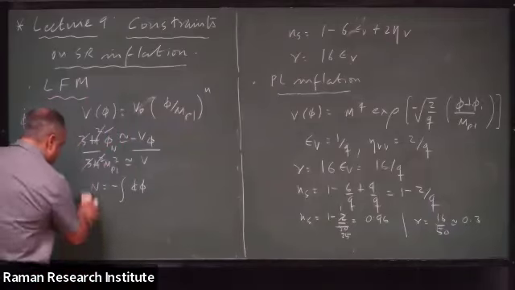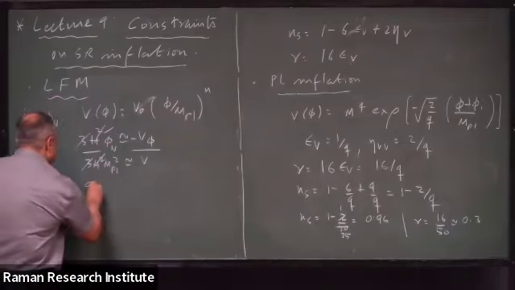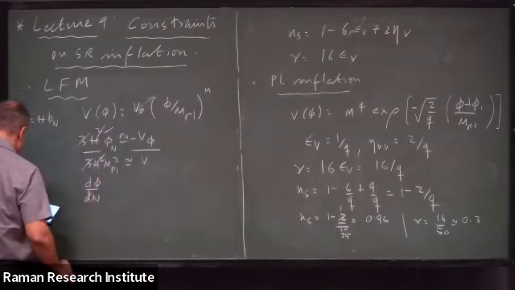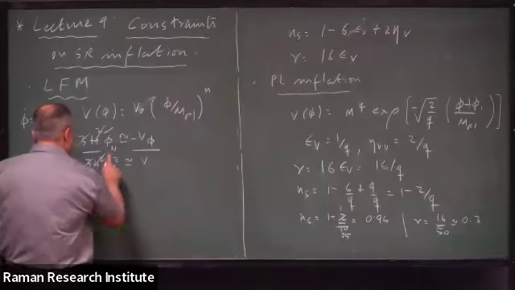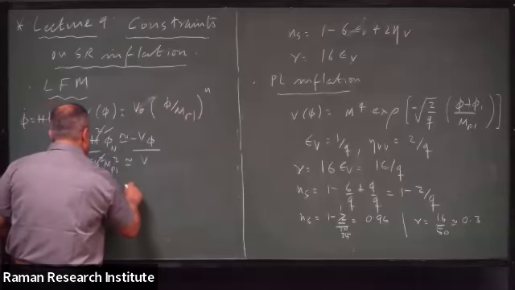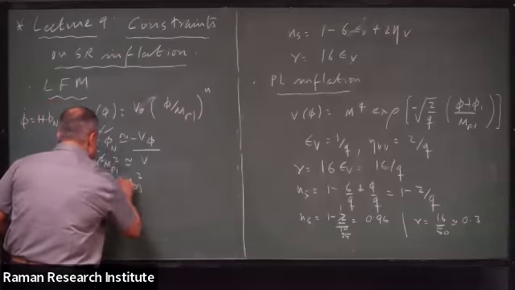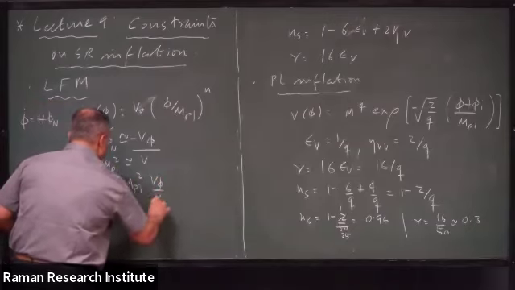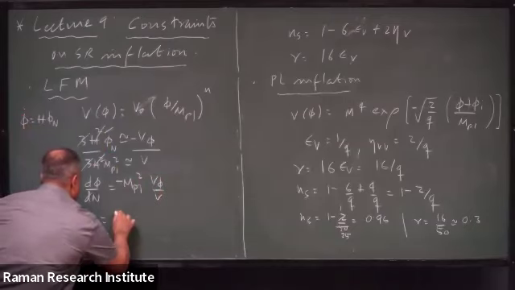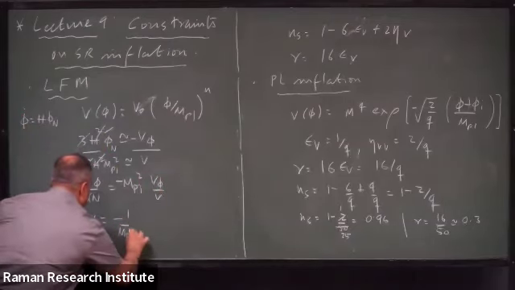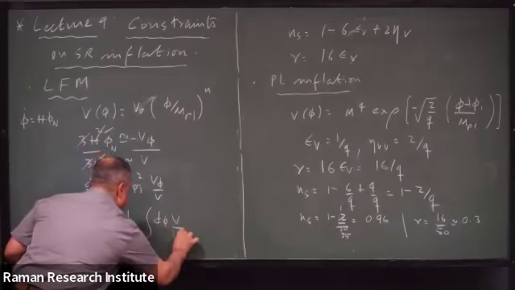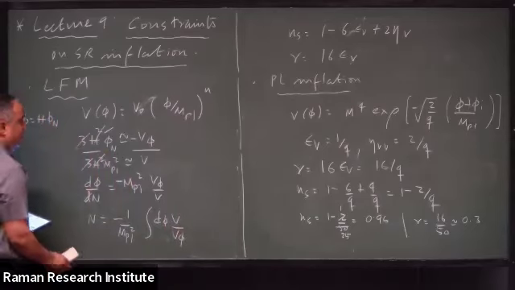So, let me write it in one more step. d phi by dN is equal to minus mpl squared V_phi by V, okay? Or dN, N equal to minus 1 over mpl squared integral d phi V by V_phi. Okay, this is what you need to remember.